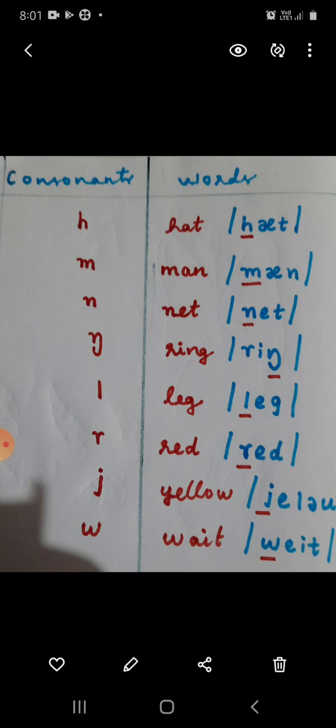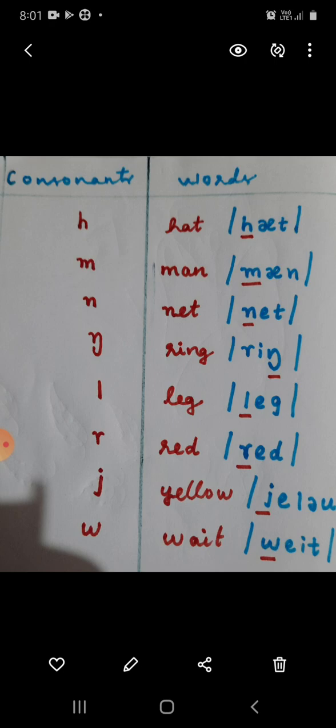Opening the slash, then n sound, then a sound, then t sound. Closing the slashes. And how to write that a sound? A sound is small letter, printed e, and the pronunciation is a.